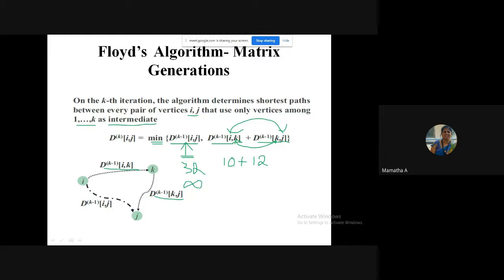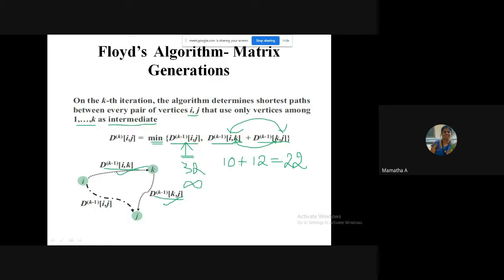Adding the distance between i to k and k to j will give me the distance between i to j, ma'am. I to j. So if I add it, I get 22.